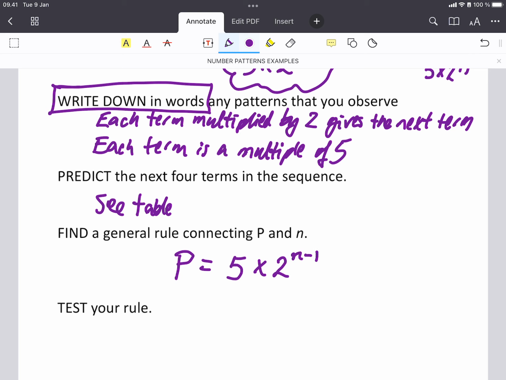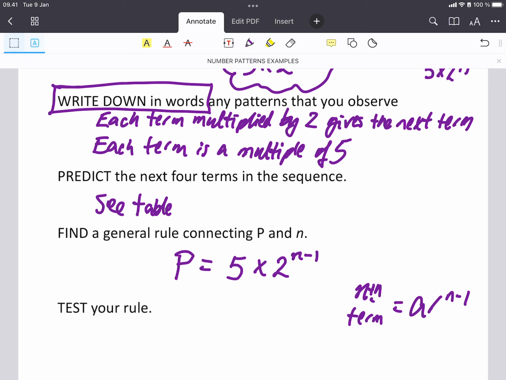So in fact, generally speaking, the nth term of a geometric sequence is always the first term multiplied by the common ratio to the power of n minus 1. So that is a general rule that you see in textbooks. Nth term of a GP, geometric progression, equals ar to the n minus 1.